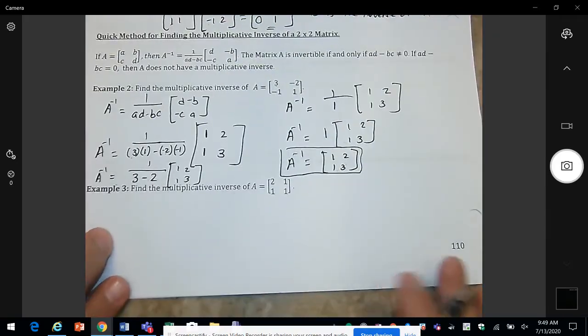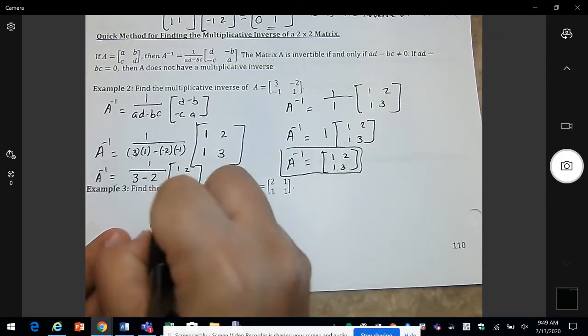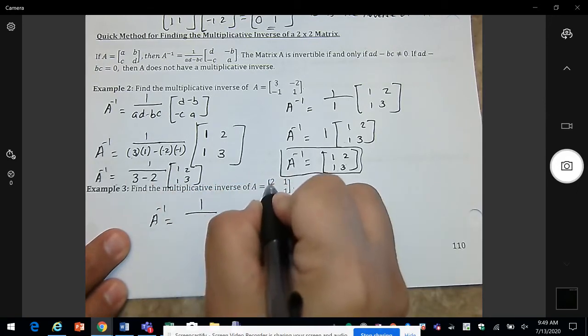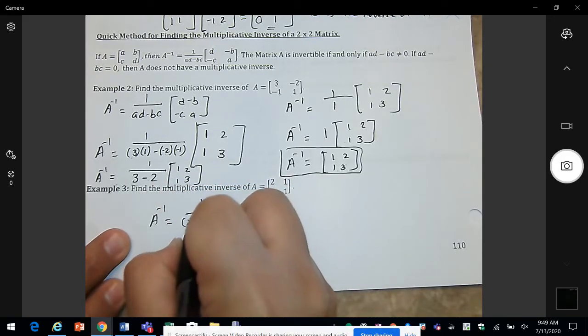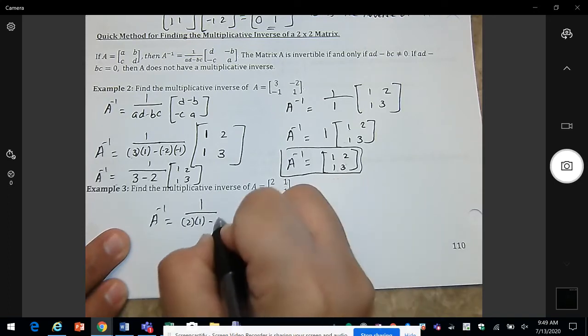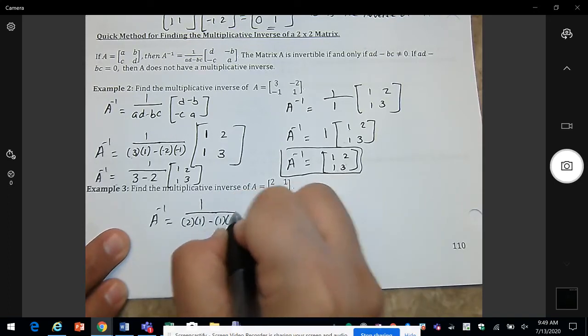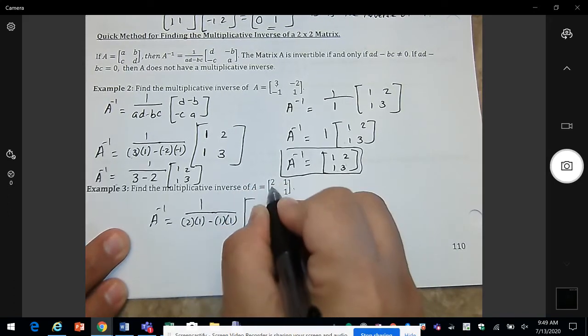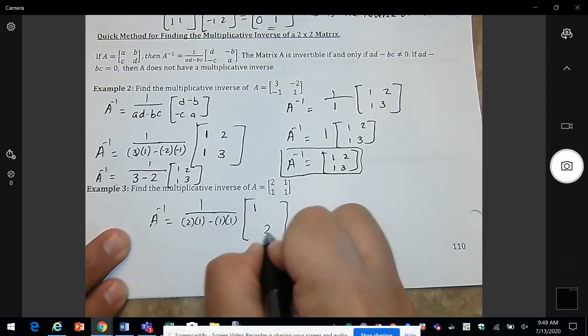Example 3, find the inverse. So we get 1 divided by 2 times 1 minus 1 times 1. We're going to switch A and D. So I have 1 here, 2 here.